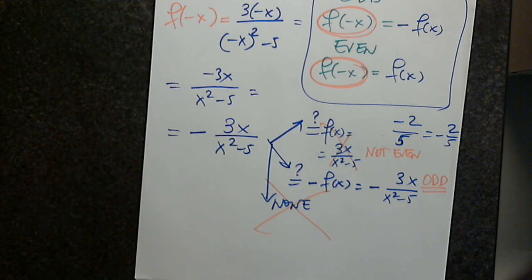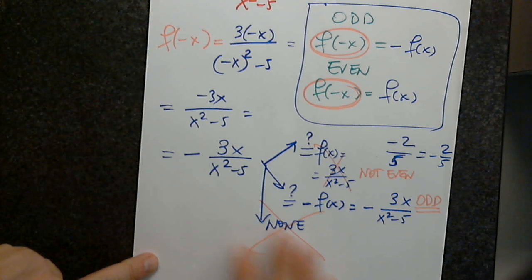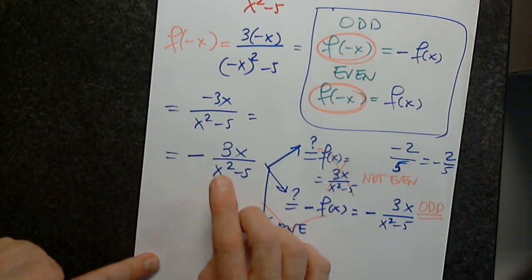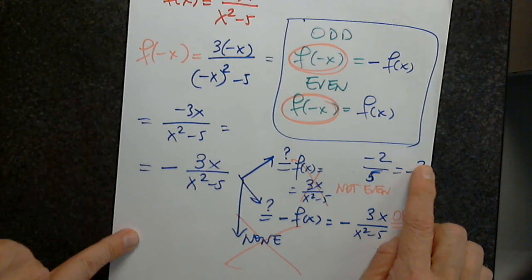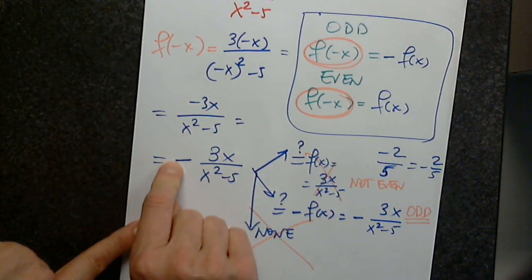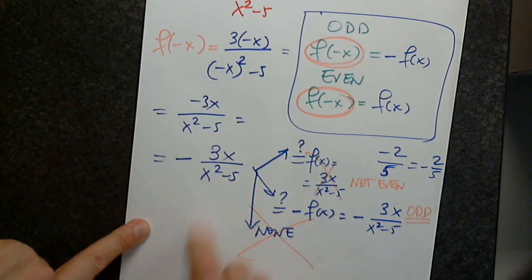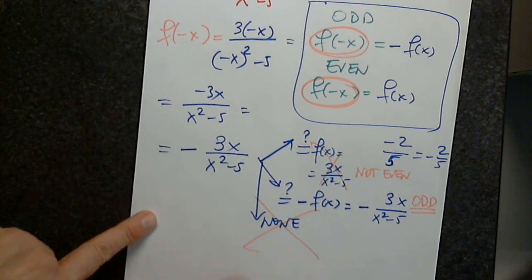Any questions? Yes. So how did it become negative again? Which portion? The bottom, right? This one? Negative 2 over 5 is negative 2/5. Negative 3x over something is negative 3x over that. For the same reason, I cannot leave the negative.